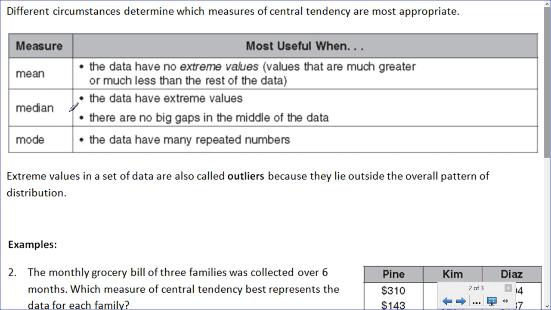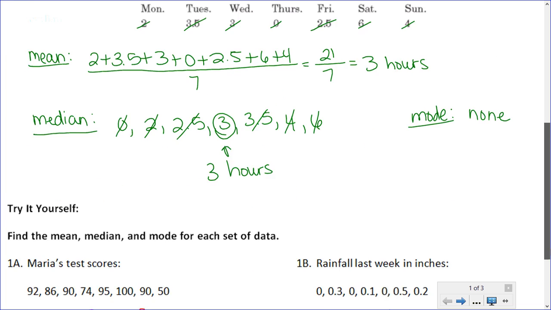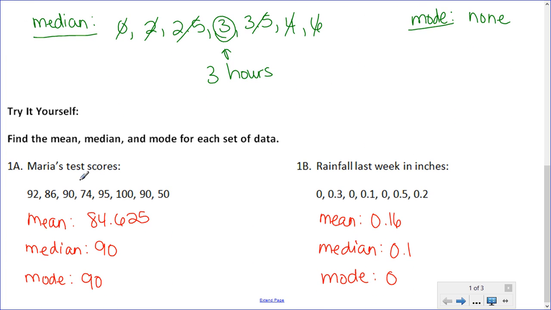The median you would use when the data have extreme values because think about, for example, if we go back to this list of test scores, notice here the difference between the mean and the median because of this really, really low test score here, this 50. Well, if you look at the median, her middle score is still a 90. So half of her test scores are above 90 and half are below.